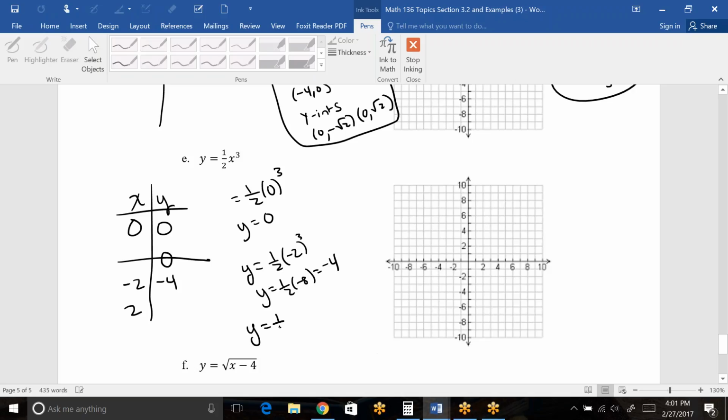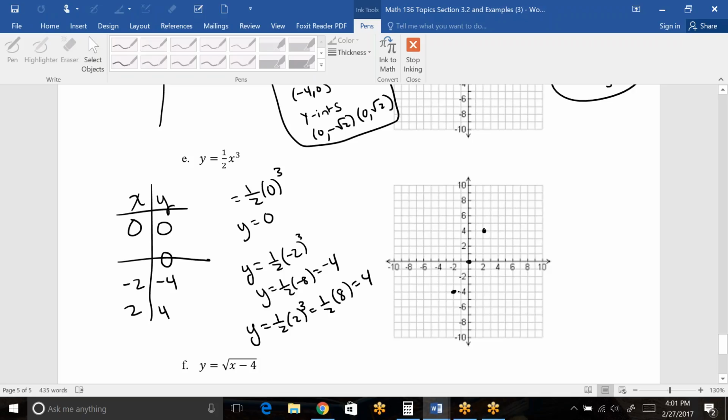And then 1/2 of 2 cubed is 1/2 of positive 8, which is positive 4. Notice right away, these are the same 2 numbers, one positive and one negative. That's a good indication that we might have origin symmetry. So 0, 0, 2, 4, and negative 2, negative 4.